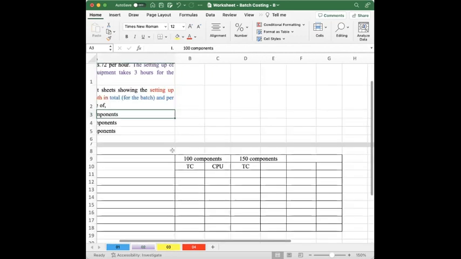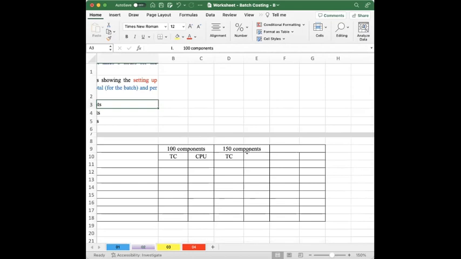Okay. So what I did so far was, I'm still building up the structure that we need for the computations. First I have the total cost computation part, then cost per unit. Again in the second scenario, 150 components, total cost, then cost per unit.